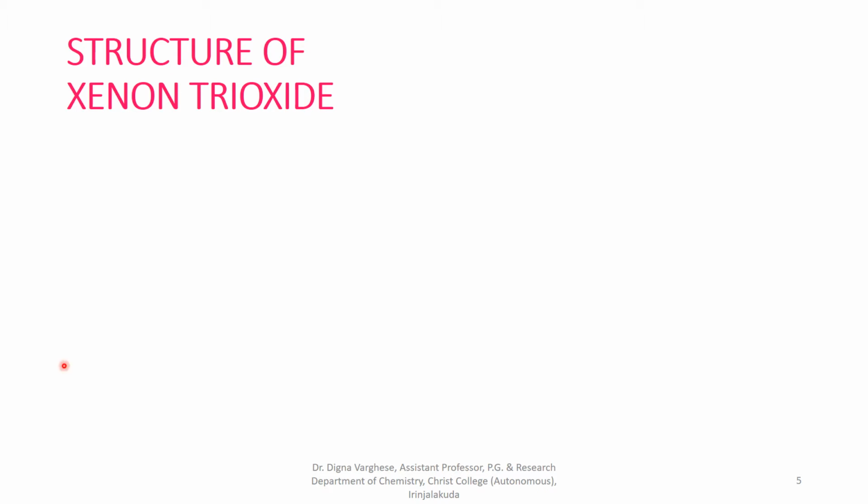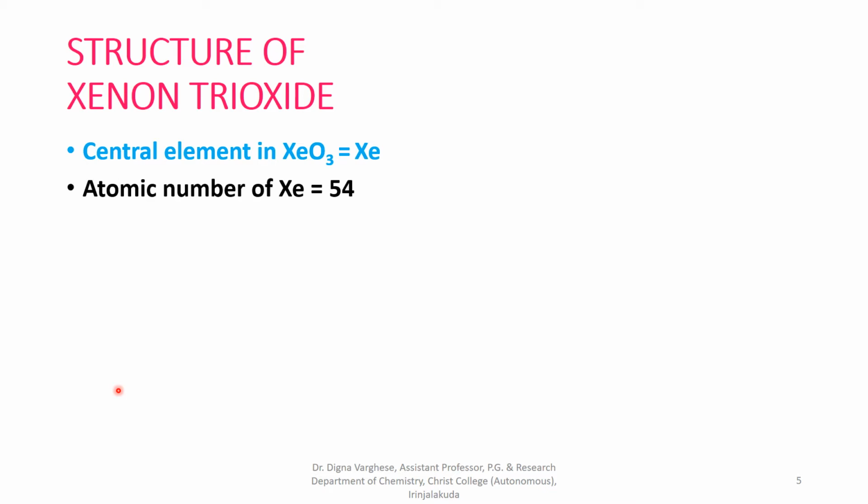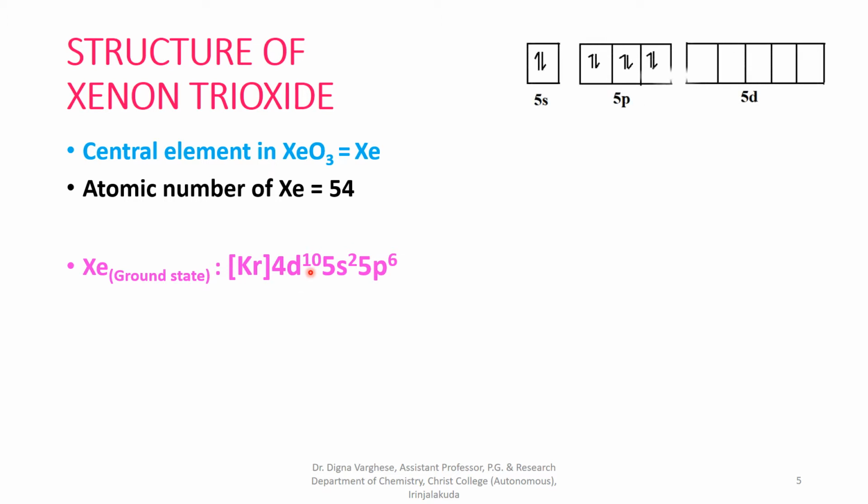Structure of xenon trioxide. Central element in xenon trioxide is xenon. Atomic number of xenon is 54. And the ground state electronic configuration of xenon is krypton 4d10 5s2 5p6. The outer electronic configuration of xenon in the ground state is shown here: 5s2 5p6 5d0.